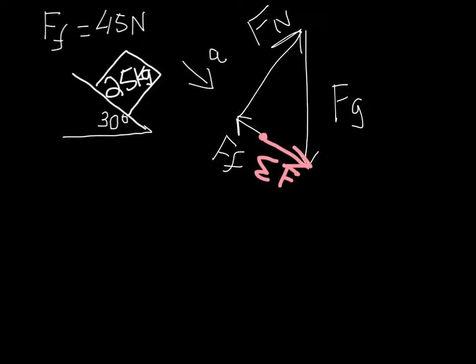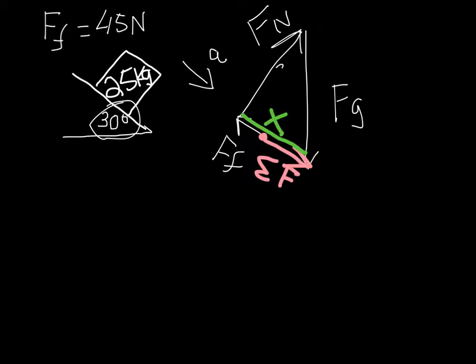All right, then we can look at some of the forces and some of the areas here. We can call this X, and then we remember that the angle of elevation of the ramp, that's this angle here, 30, is the same as the angle between the normal and the gravitational.